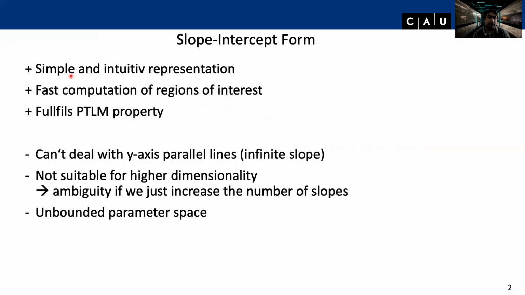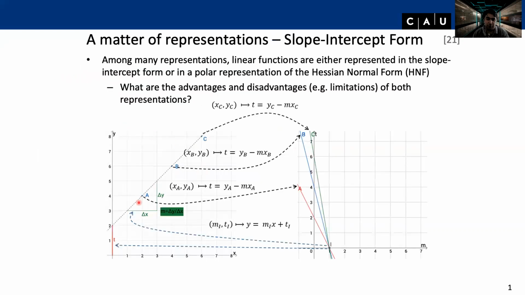So the slope-intercept form is simple and intuitive. This is how you think of a line. It has a slope and it has an intercept intersecting with the vertical axis. It enables a fast computation for the regions of interest, and it fulfills this point-to-line mapping property. What does this point-to-line mean? It means that one point corresponds to one line.